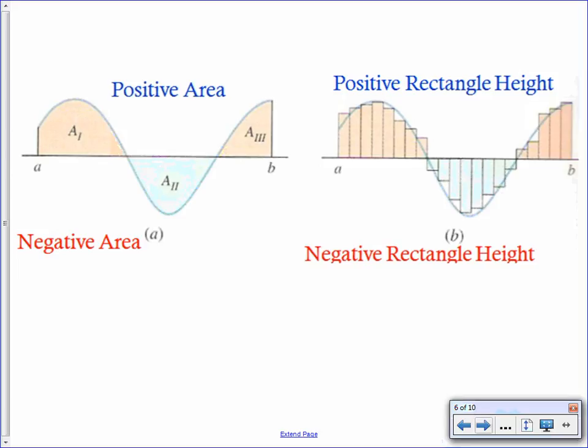The area between your curve and the axis, if it's below, is negative, because we have negative rectangle height. I know you don't like to think of height as negative, but in calculus we need to think of that height as negative.